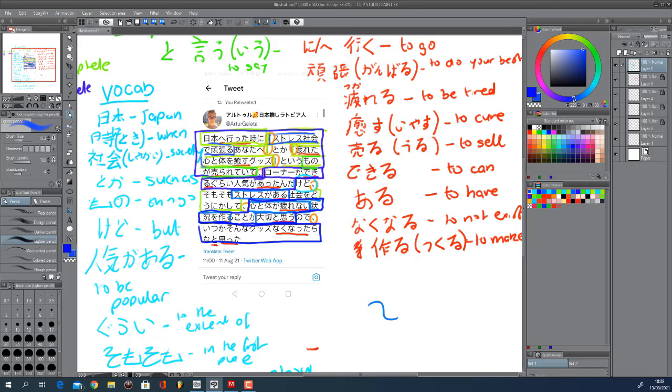So again, kokoro to karada o yurusu, the heal, mind and body. We have again, mono ga urarete ite. We could just say this is a clause by itself if we didn't have the root at the end. We've got ninki ga tanda, a clause by itself. Kona ga dekiru, again, clause by itself.